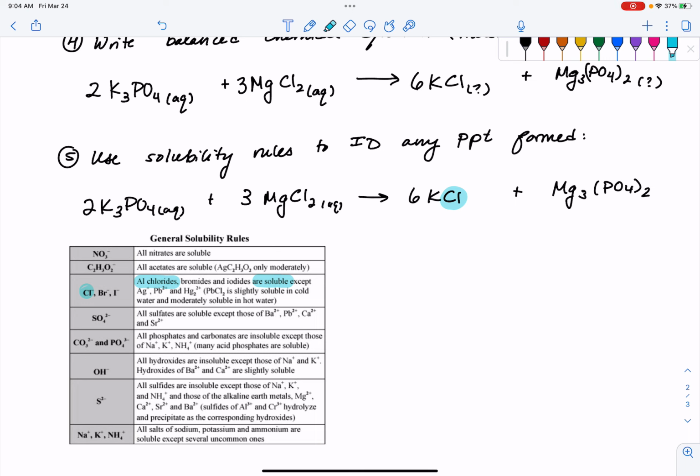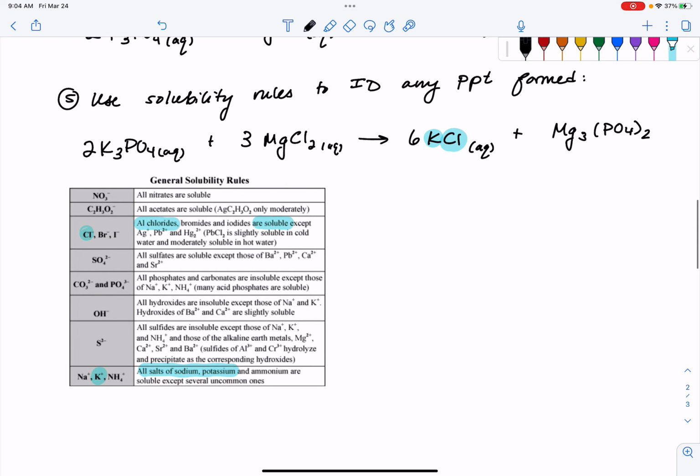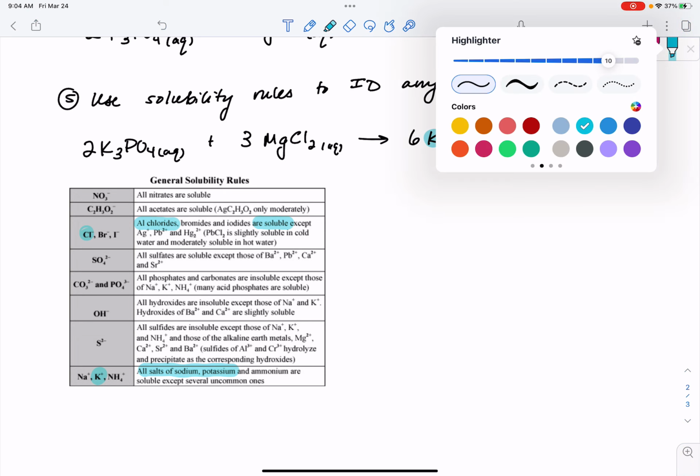Additionally, we also have our universally soluble potassium cation. So we know that potassium chloride must be fully soluble, meaning it is in its solution form. It's going to fully dissociate into its respective ions when dissolved in water. Okay, but what about our other products?